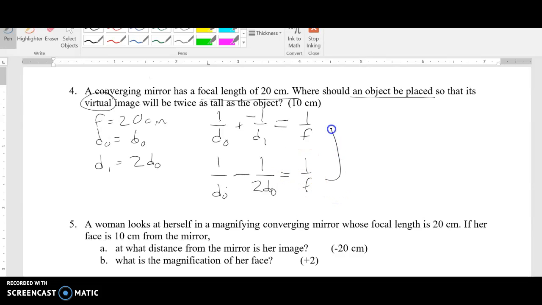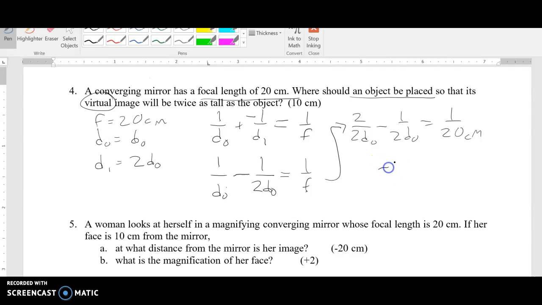So if you bring this math up and keep going with it, you have 2 over 2 dO, just to keep the same common denominator, minus 1 over 2 dO equals 1 over 20 centimeters, which is our focal length.